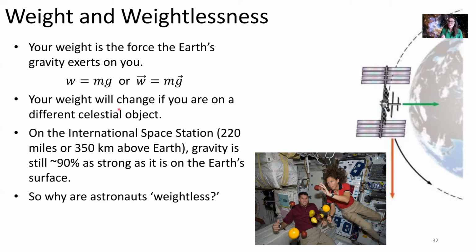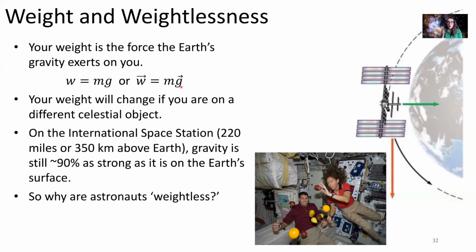Your weight will change if you are on a different celestial body. So this g, this acceleration due to gravity, or the surface gravity on the surface of the planet, changes when you change the mass and radius of the planet. So if I go to the moon, my weight is going to be, take my weight on Earth, divide it by 5.6, that's how much I would weigh on the surface of the moon.